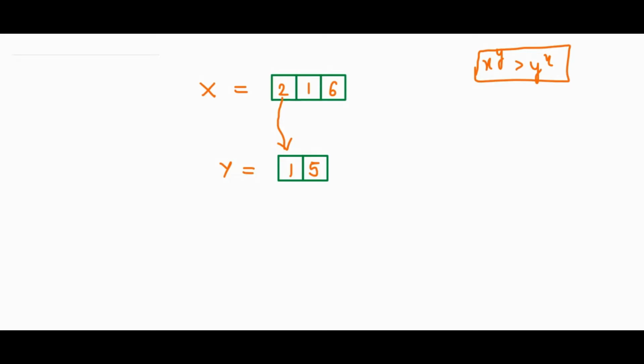That means I will start with 2. I will see if 2 and 1 is satisfying this condition or not. Then I will take 2 and 5, then 1 and 1, 1 and 5, then 6 and 1, and 6 and 5. I have to check for every x with every y.